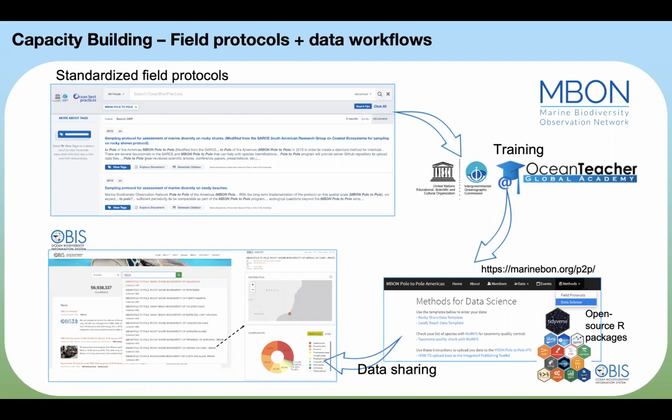An important element of the network is that it shares the data openly as soon as it is collected via OBIS, and therefore from there it can be utilized as raw materials for the development of essential biodiversity variables and essential ocean variables.